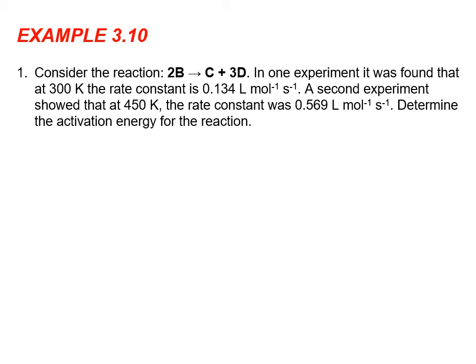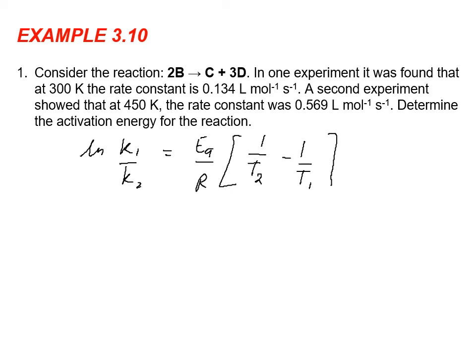So the first thing that we need to do is write the Arrhenius formula that we are going to use, which is ln(k1/k2) = Ea/R multiplied by (1/T2 − 1/T1). So we are going to insert all the values given in the question into this Arrhenius equation.